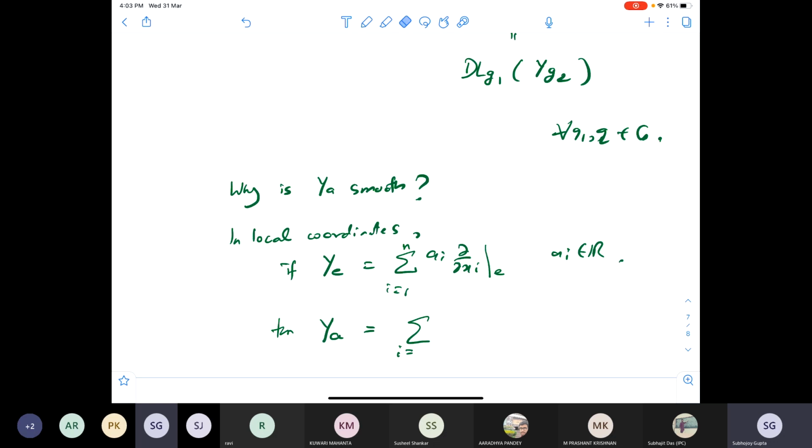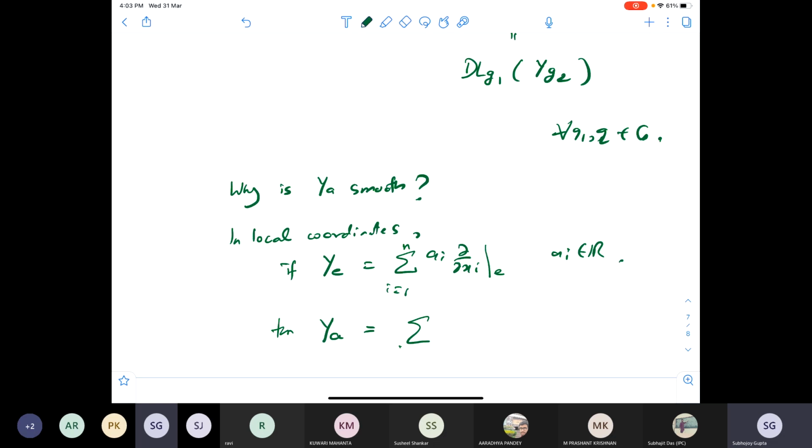Here I'm choosing local coordinates both in the domain and the target. Around the identity, I'm choosing some local coordinates x1 to xn. Around A, I'm choosing local coordinates y1 to yn.